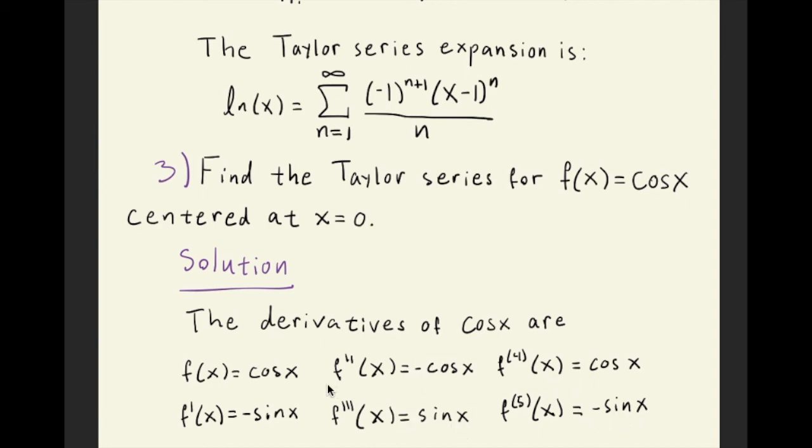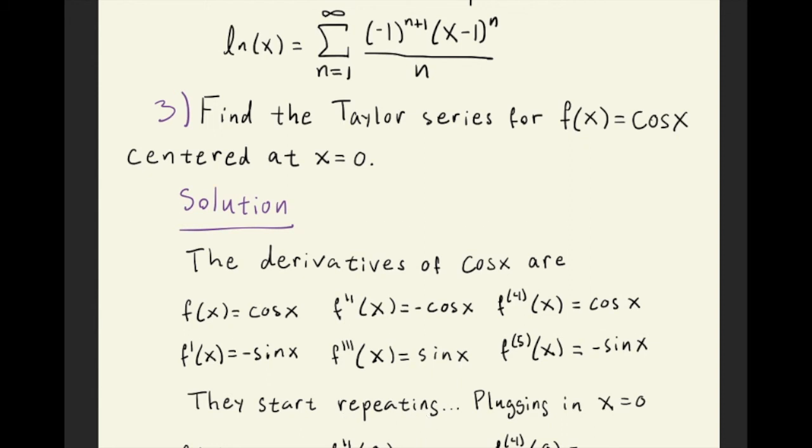The fourth derivative is cosine, the same as your original function. And the fifth derivative would be negative sine, the same as the first derivative. So it's going to start repeating: cosine, negative sine, negative cosine, sine, and again, in cycles of 4, right?